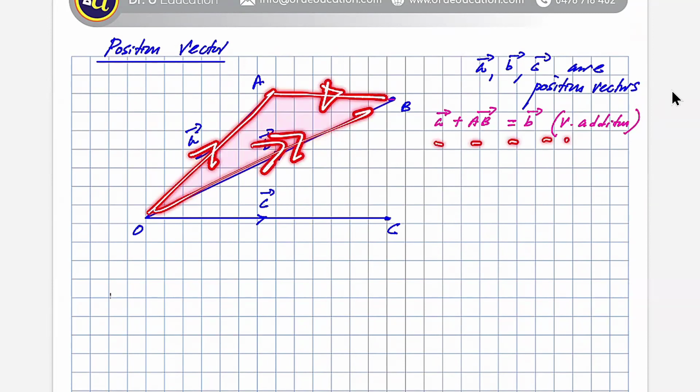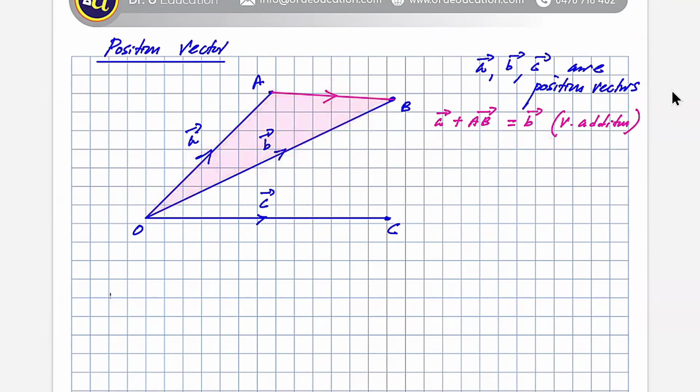So I wrote this equation in that way. Does that make sense? Okay. So from here, you can find AB vector now. AB vector is equal to B vector minus A vector.